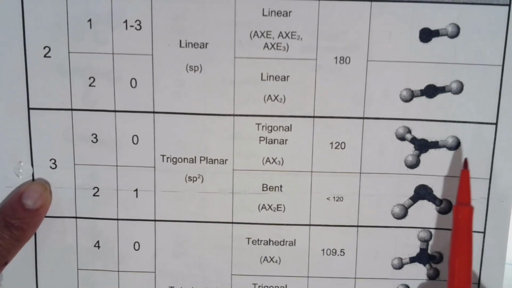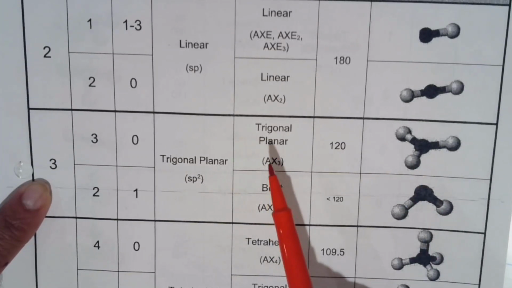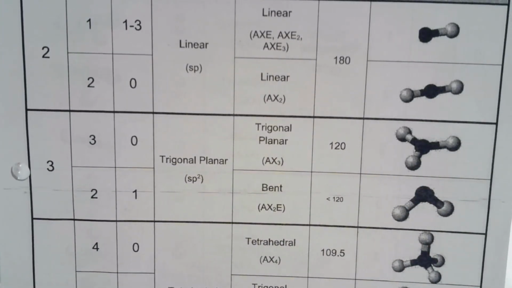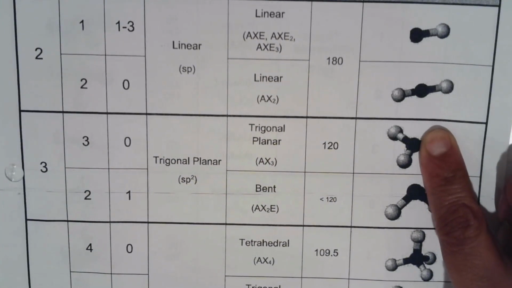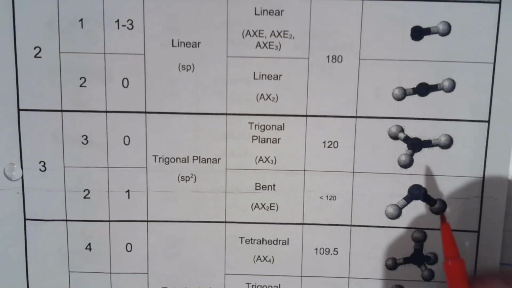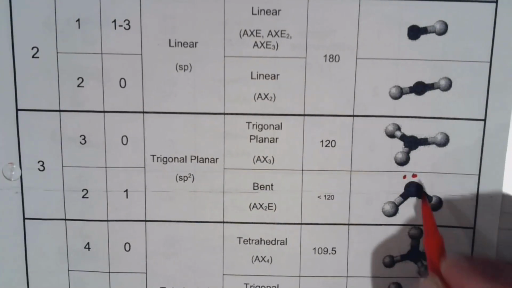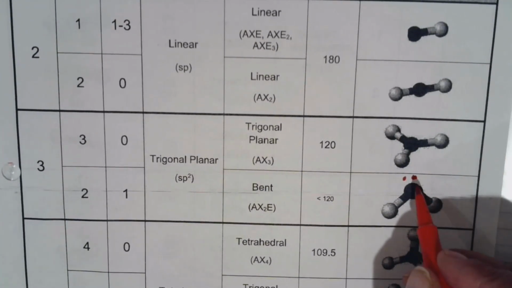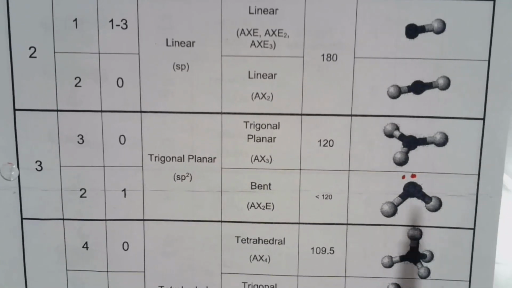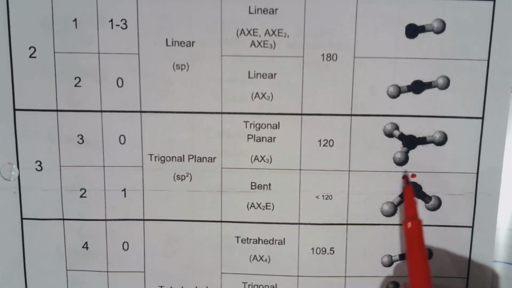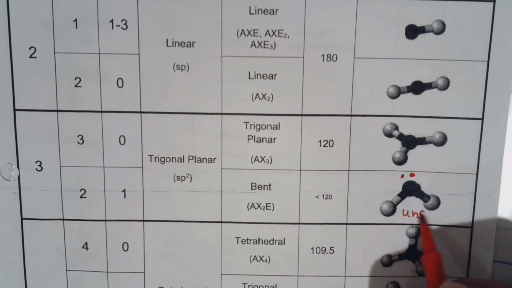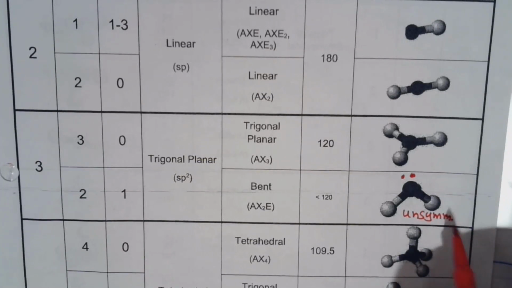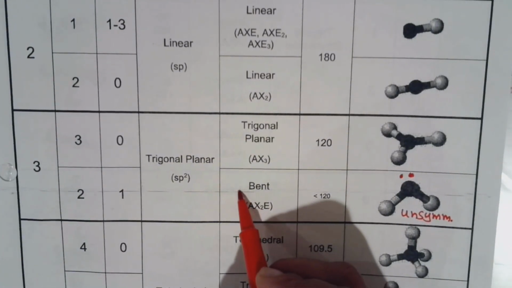Now this is how the trigonal planar shape looks. When you take one bond pair and replace it with a lone pair, I can put a lone pair here. Now there are two bond pairs and one lone pair. The lone pair on the central atom destroys the symmetry. So this molecule becomes unsymmetrical, right? So this is unsymmetrical, and hence the bent shape is polar.